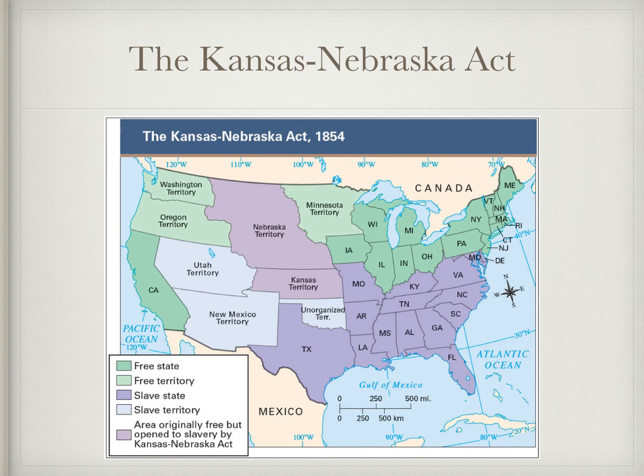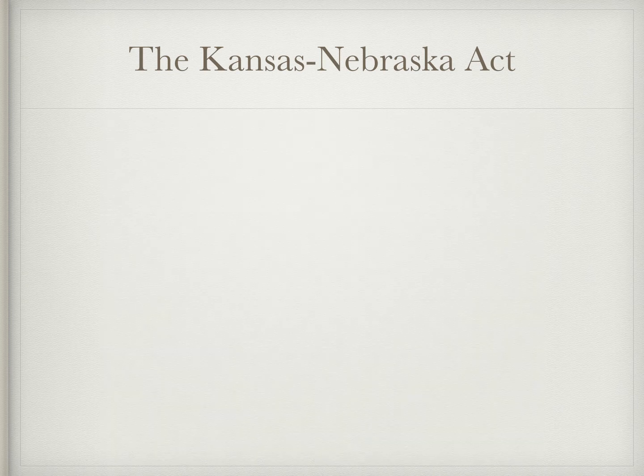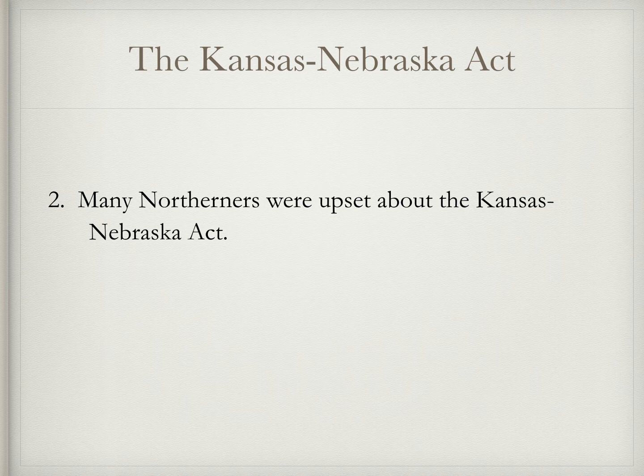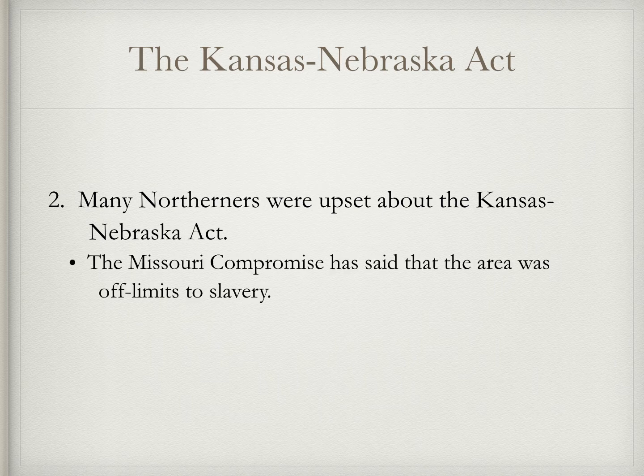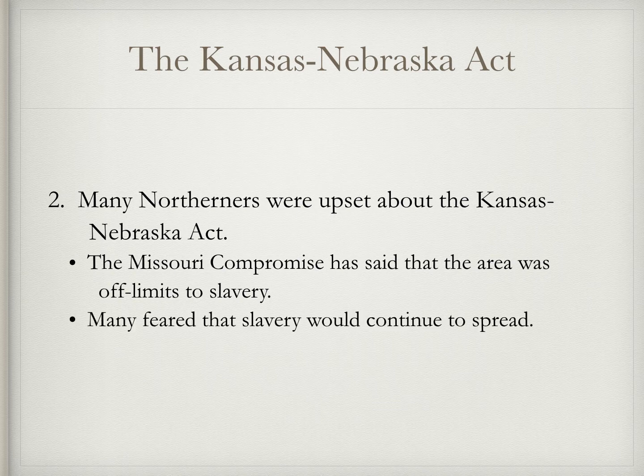Kansas and Nebraska Act. And you can imagine this is going to cause a lot of Northerners, a lot of these abolitionists and anti-slavery groups to be very upset. Because originally the Missouri Compromise has said that area was supposed to be off limits to slavery. And also, if it's going to spread to Kansas and Nebraska, can it continue to spread to other places as well?